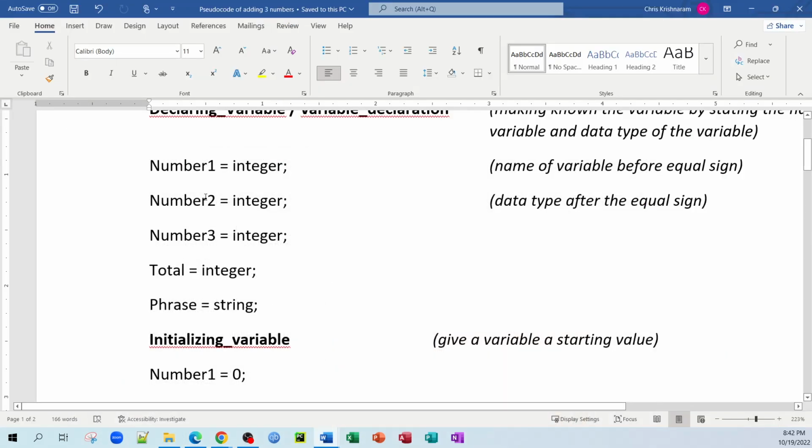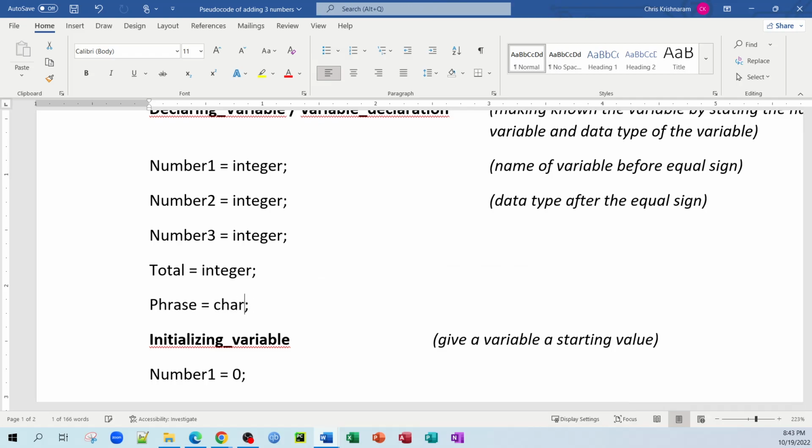If I am only accepting whole numbers, then I'm going to use integer. If I need to accept numbers with decimal places, I have to use a real data type. If I'm going to only accept a single character, I am going to use the character data type. If I'm going to accept a word, a phrase, anything of that sort, I am going to use a string data type.